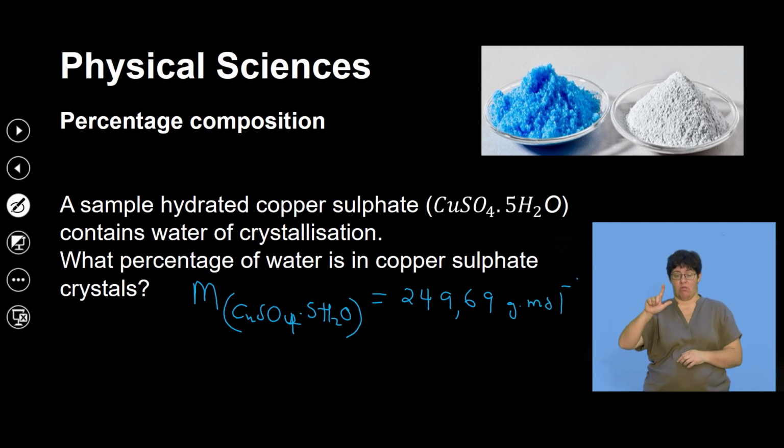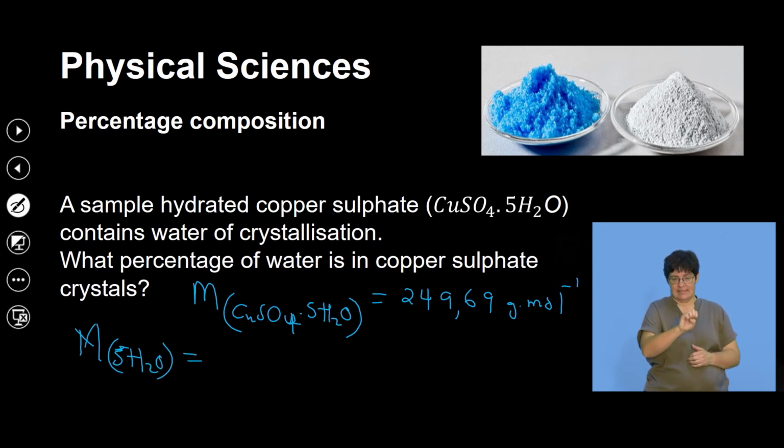So that's the molar mass. But we want to express the water of crystallization as a percentage of that. So the molar mass of water of crystallization in this case, the 5, this is the pentahydrate, H2O.